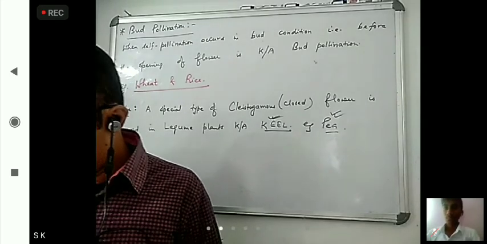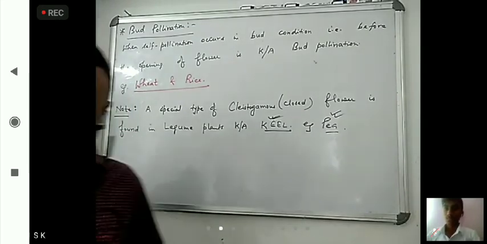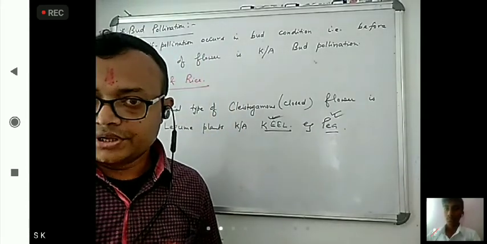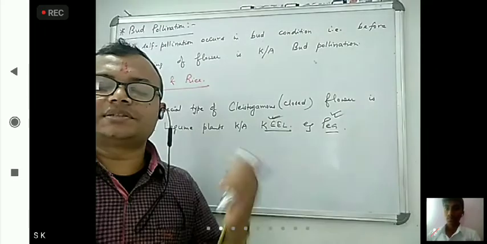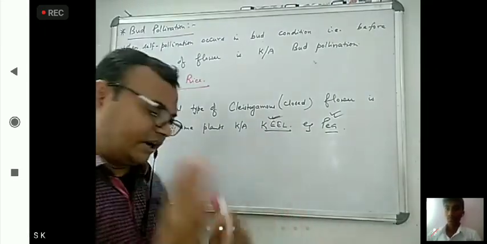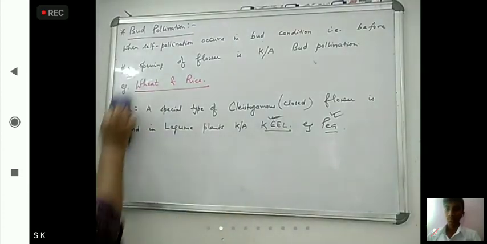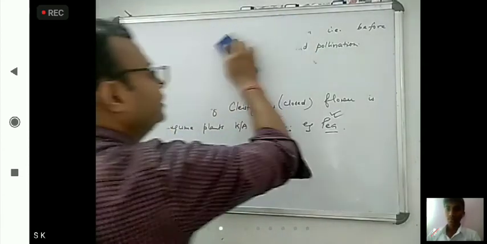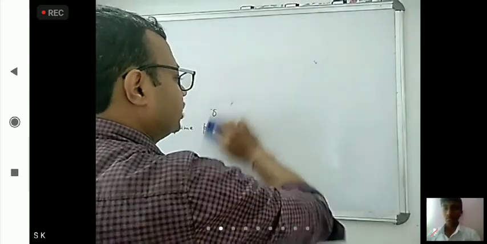Now, the next type. First we saw orthogamy, which means inside the same flower, the male part is there and the female part is there. Next we have to see geitonogamy. After autogamy, next is geitonogamy.